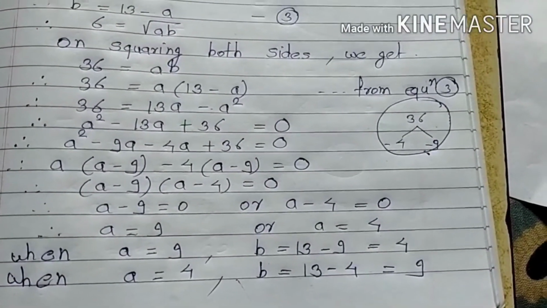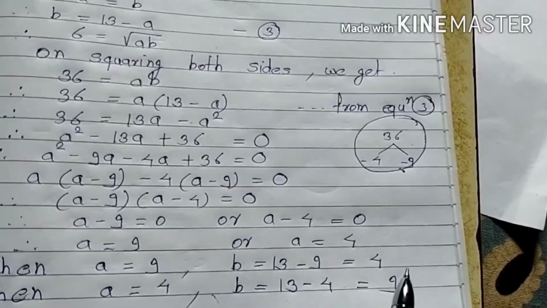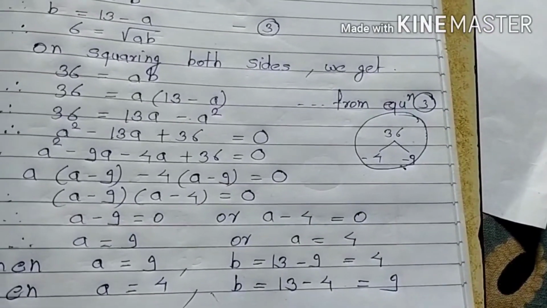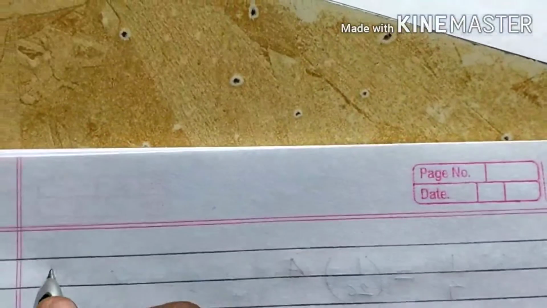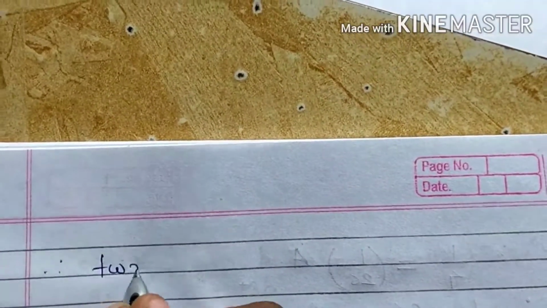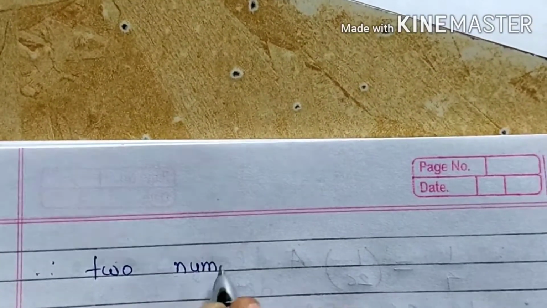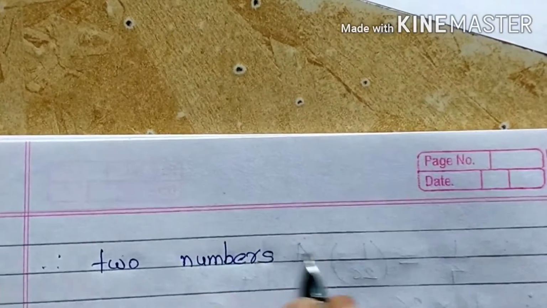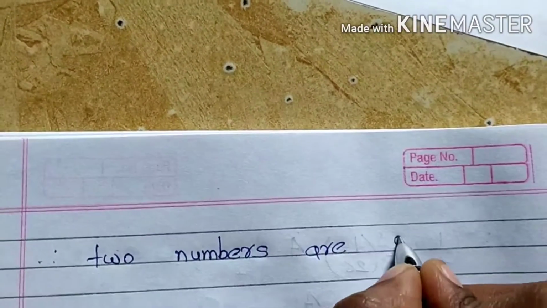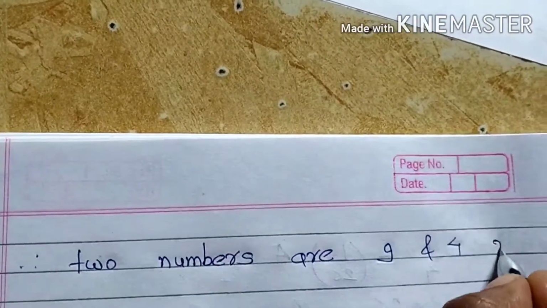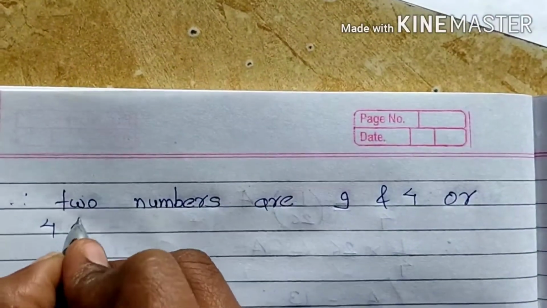So our required numbers are 9, 4 or 4, 9. Therefore, the two numbers are 9 and 4 or 4 and 9.